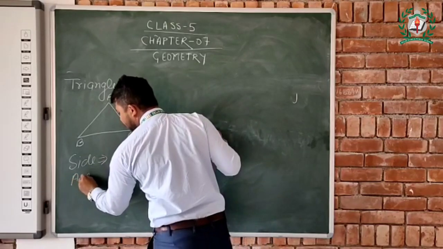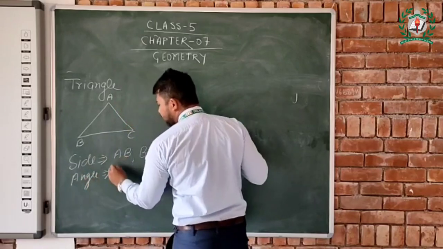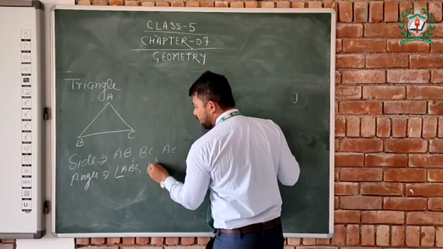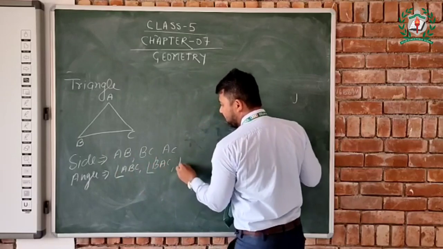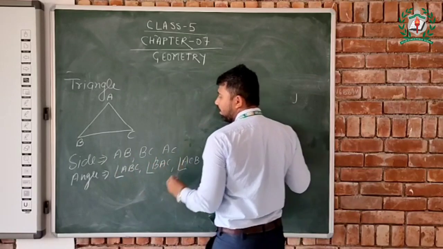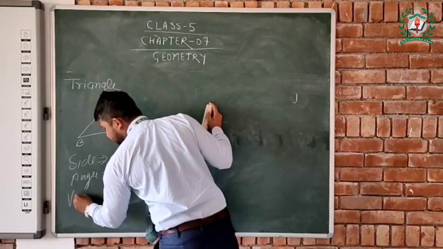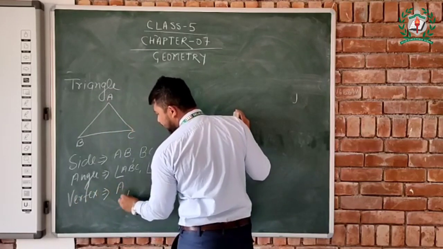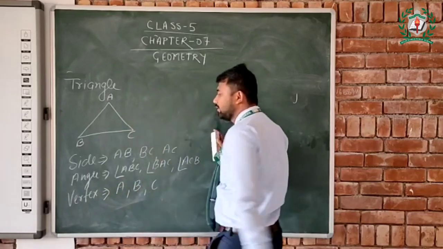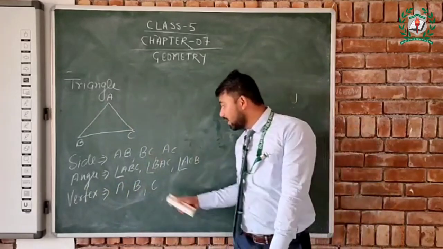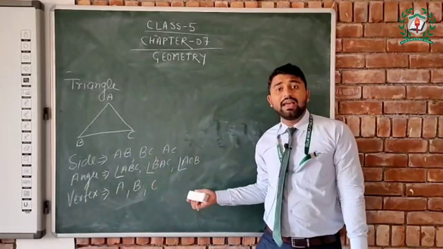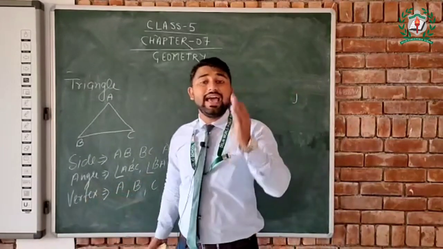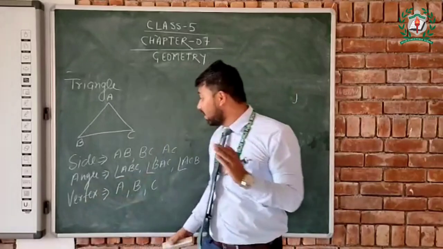The angles, in three letters, are angle ABC, angle BAC and angle ACB. The vertices are A, B and C. So a triangle has three sides, three angles, and three vertices.